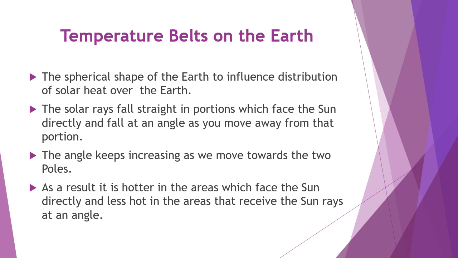In the equatorial area, you know that the solar rays are direct. But as we move towards the north pole or south pole, the angle increases and automatically the temperature decreases. As a result, it is hotter in the areas which face the sun directly.